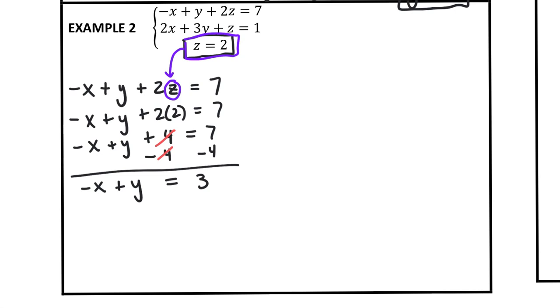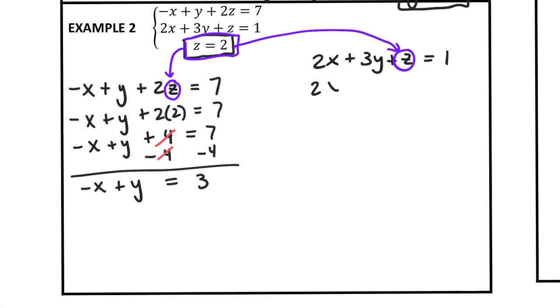Okay, now let's copy the second equation. Sorry. Okay, and then I'm going to replace this z with 2.